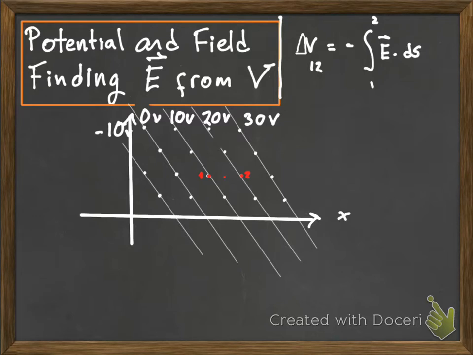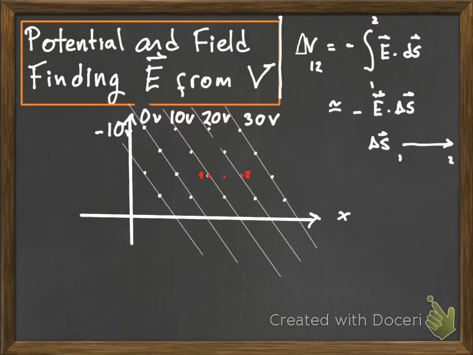So if we assume as an approximation that the electric field is more or less constant between 1 and 2, that the electric field at point 1 is not very different from the electric field at point 2, then instead of doing the integral, we can simply, as an approximation, take just the dot product between E and the vector delta S, where delta S is the vector that goes from 1 to 2.